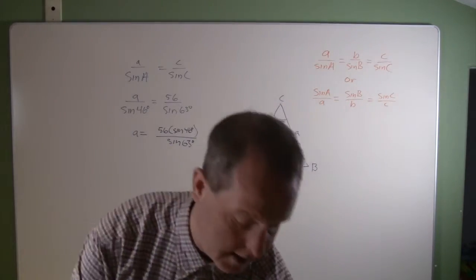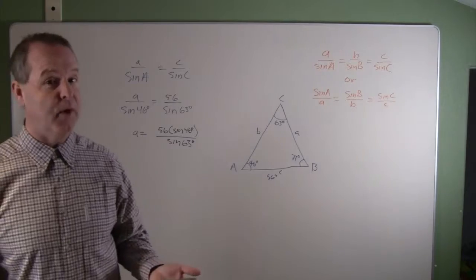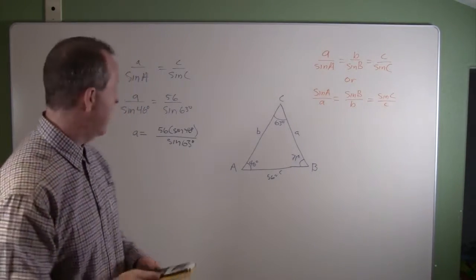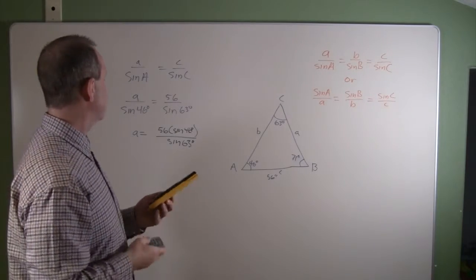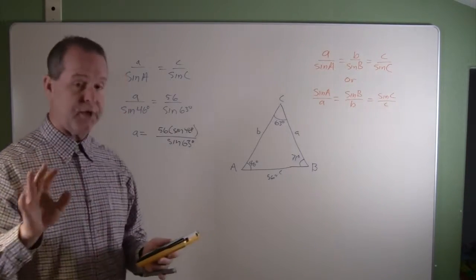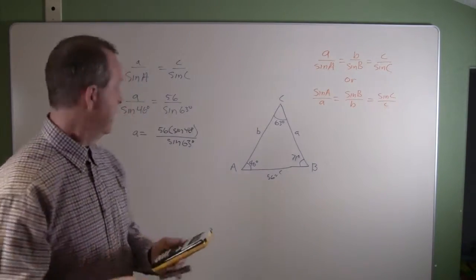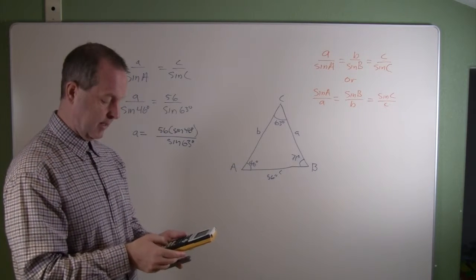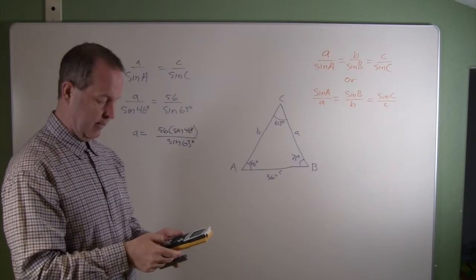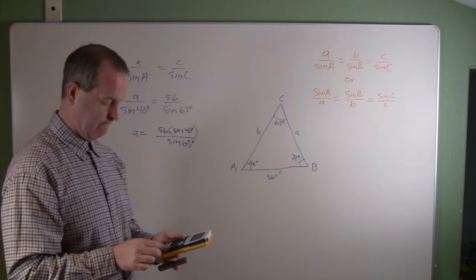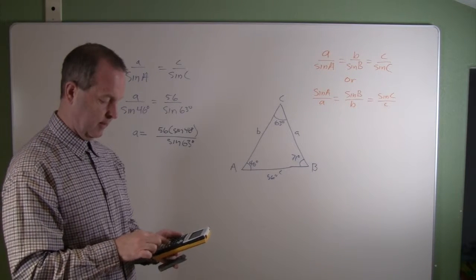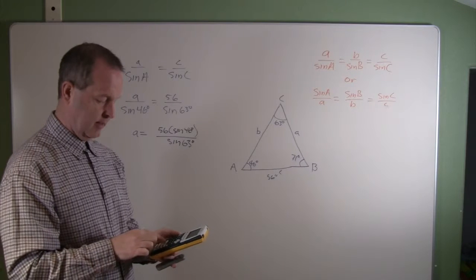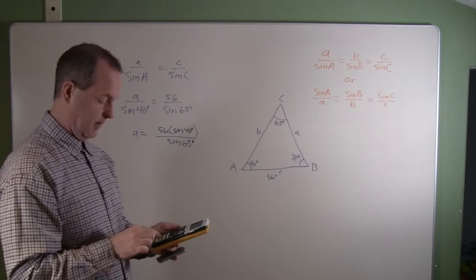Now, since those aren't angles that I'm familiar with, those aren't the magic angles, I'm going to use my yellow box to solve that. First of all, I'm going to make sure I'm in degree mode. And so I'm going to go 56 times sine 46 divided by sine 63.